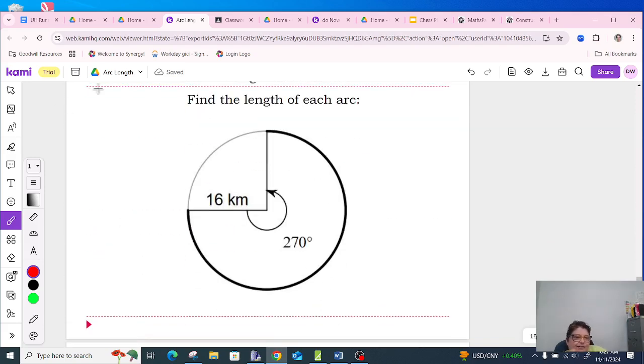So this one was, again, 2 times pi times 16 times 270 divided by 360. 75.4 kilometers. Again, I have no idea what circle's that big.